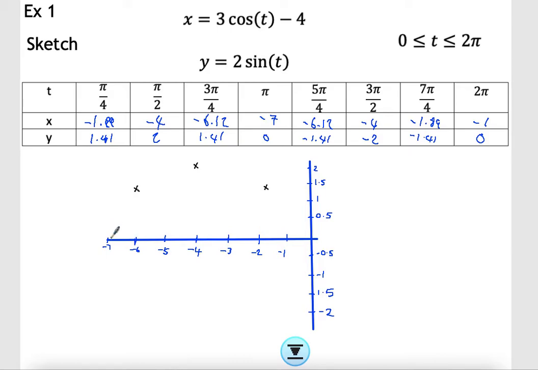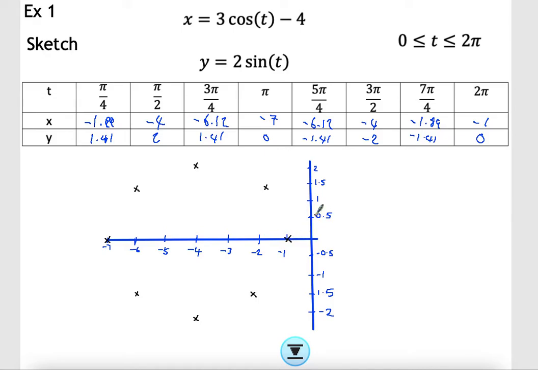Negative 7 and 0 is down here. And can you start to see what shape it's going to make? Negative 6.1 and negative 1.4 is about there. And negative 4 and negative 2 is down here. Negative 1.9 and negative 1.4, again level with this one, so about there. And then negative 1, 0.